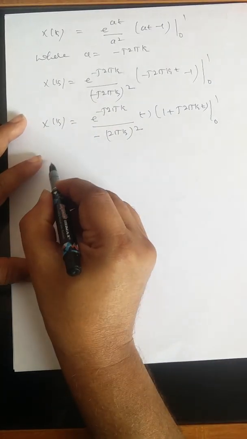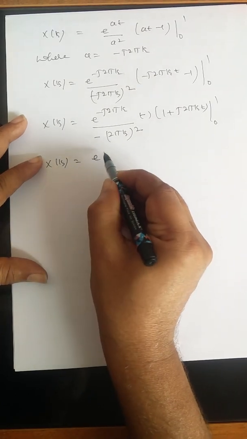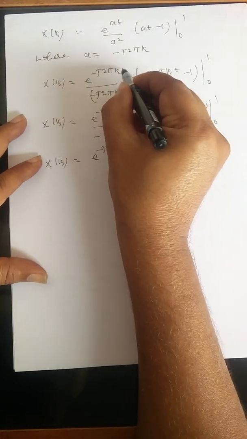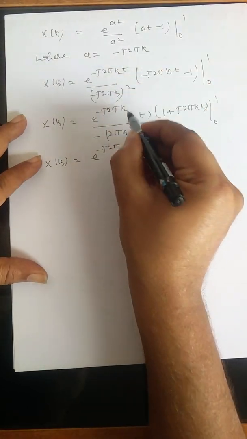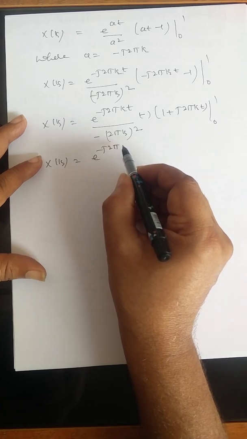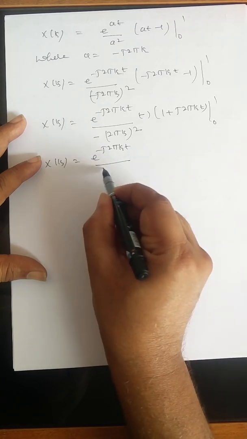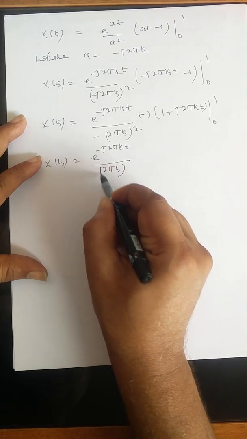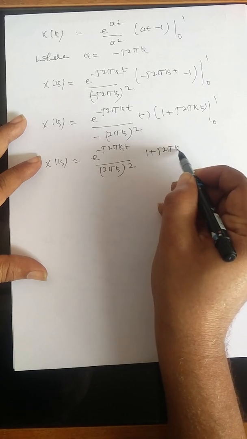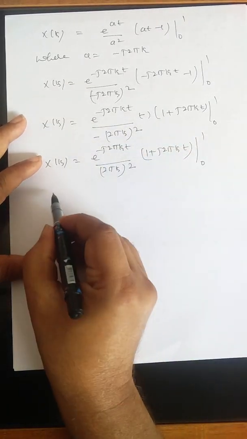Minus minus get cancelled. You get X of k is equal to e to the power of minus j 2 pi k t divided by (2 pi k) whole square into (1 plus j 2 pi k t). Apply the limits 0 to 1.